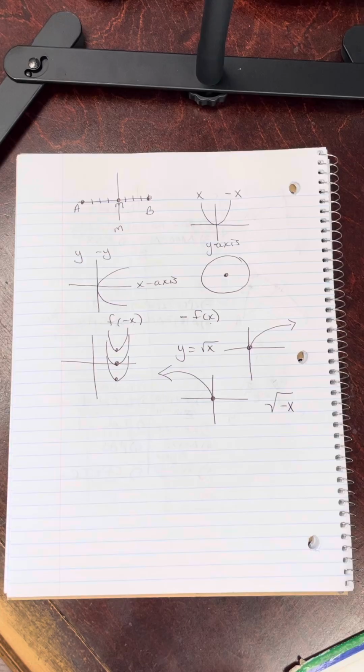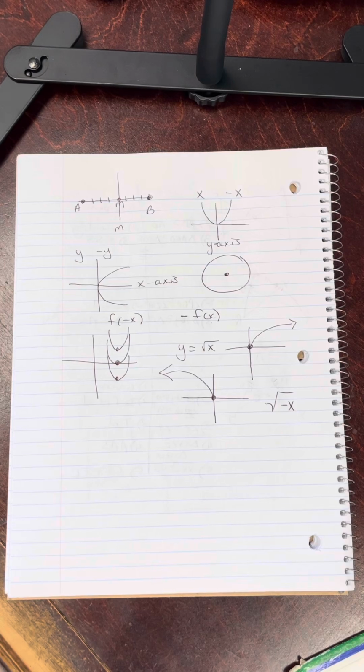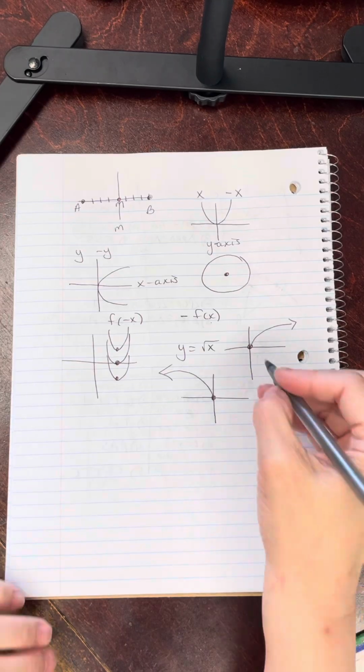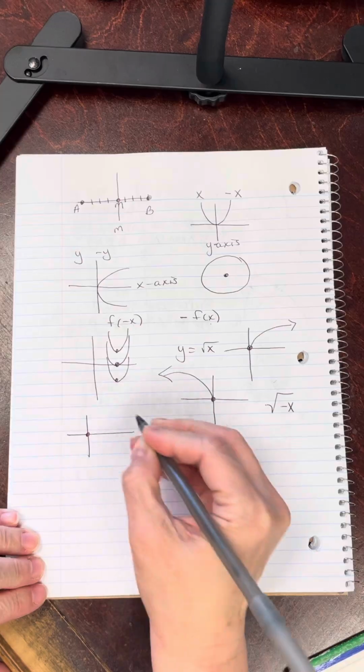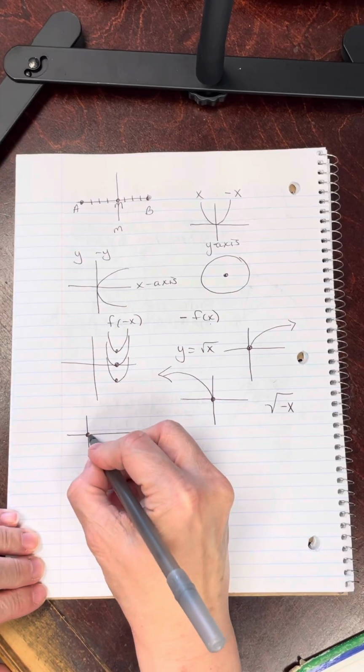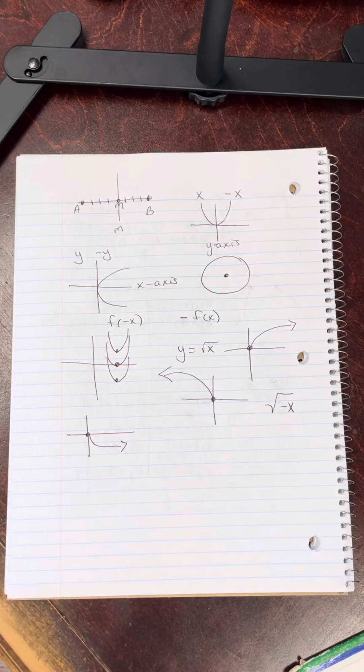Example 2, the graph of the equation y equals root x. Okay, so we're going to say that's the same as that picture there. The graph on the right is the same graph reflected in the x-axis. So the new one reflected on the x-axis is still starting here, but here's our x-axis, and it looks like this, more or less.